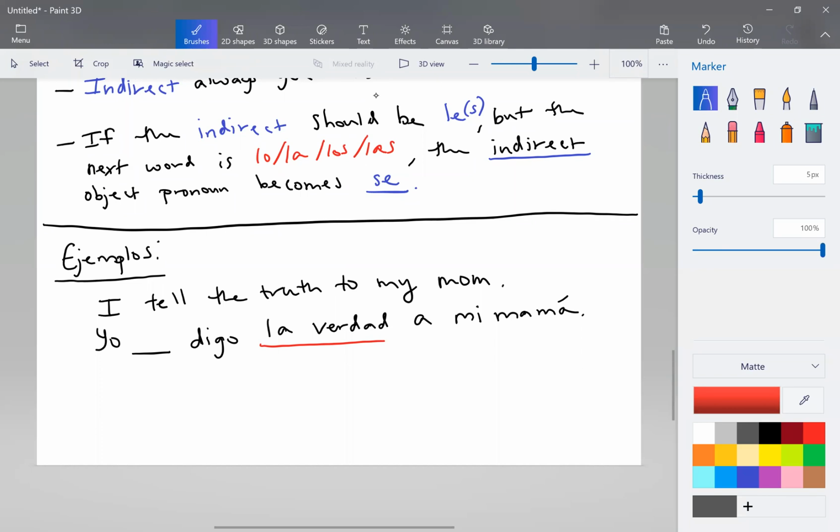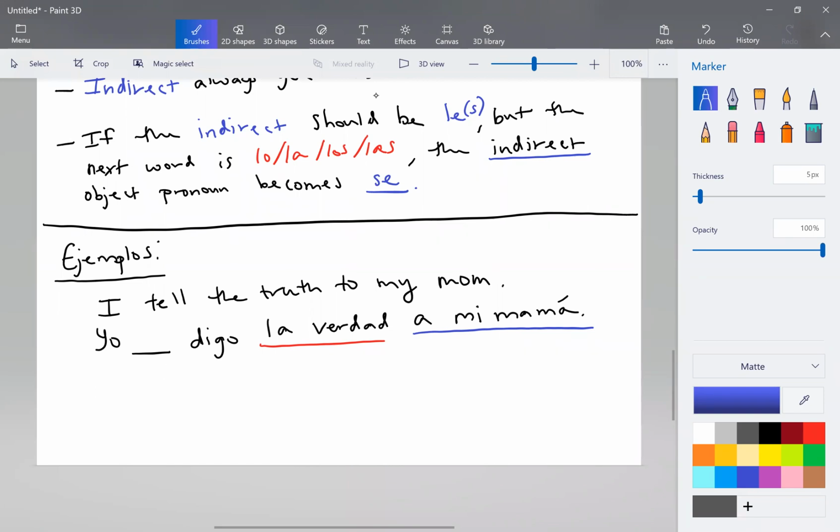So to find the direct object, it's the one in the sentence where if you took away the other thing, the sentence would still make sense. A mi mamá is the indirect object. If we took out the truth, it would be I tell to my mom. Does that make sense? No. So we need the direct object, the red one. We need the direct object in the sentence or it pretty much doesn't make sense. If we only have the indirect object, it doesn't make sense most of the time.